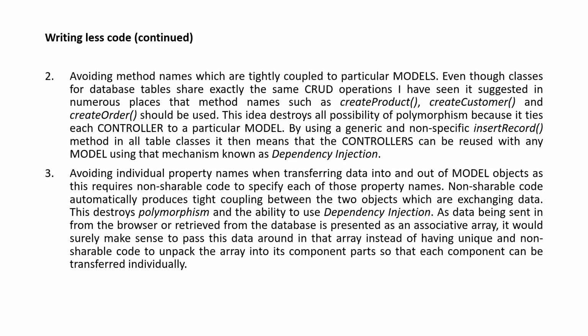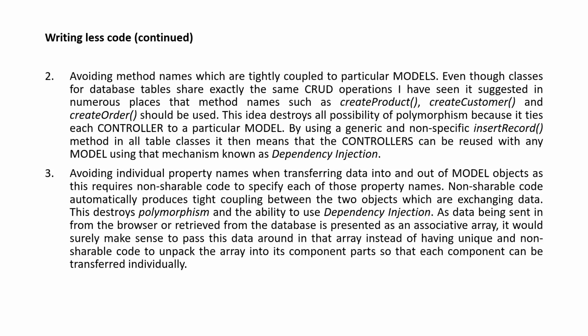3. Avoiding individual property names when transferring data into and out of model objects, as this requires non-shareable code to specify each of those property names. Non-shareable code automatically produces tight coupling between the two objects which are exchanging data. This destroys polymorphism and the ability to use dependency injection.